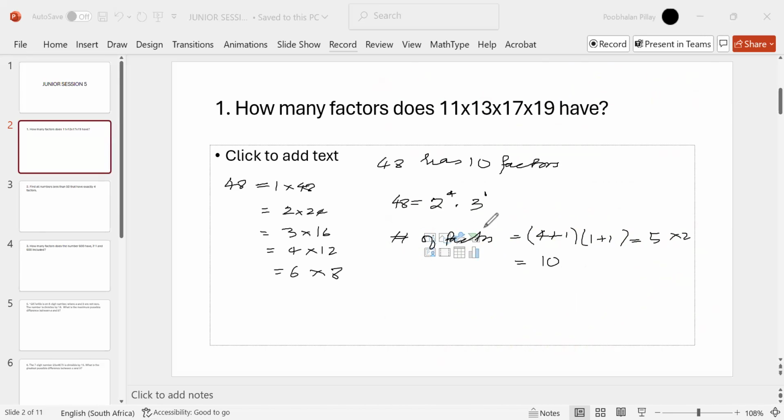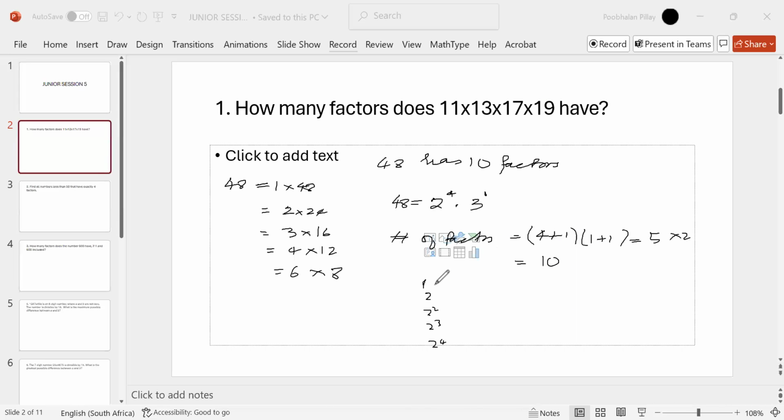So you have a very nice way of doing this. The reason for this is, if I write down all the factors of 48, and just take the powers of 2 only, you'll have 1, 2, 2 squared, 2 cubed, and 2 to the power of 4. These are the factors of 2 to the power of 4.